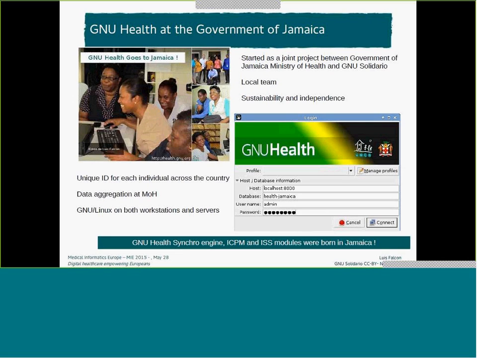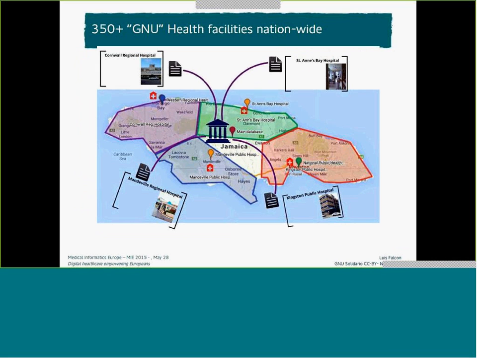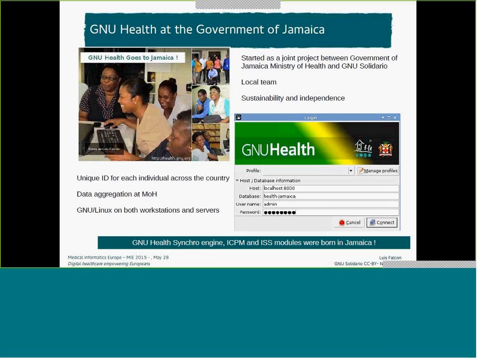The next one shows you the adoption by the government of Jamaica of GNU Health, and about the unique ID and aggregation. They are having this in 360 health facilities nationwide, and I think they are on 10 already.